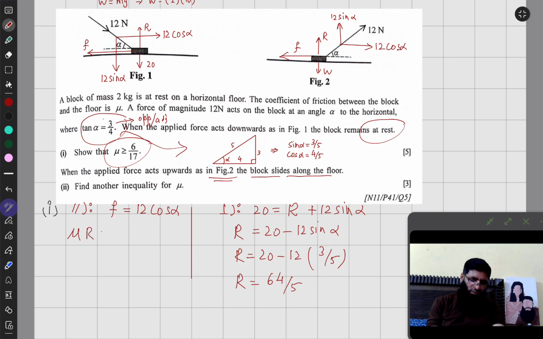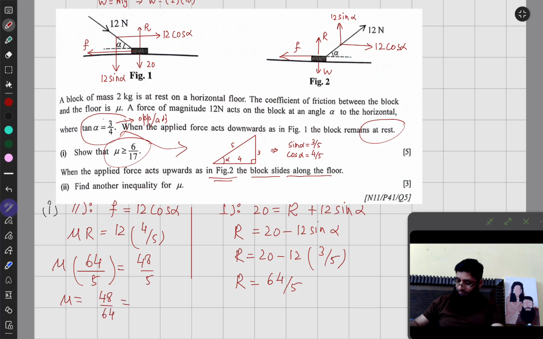So this equation will be mu R is equal to 12 times 4 by 5, and mu R is basically mu times 64 by 5. So you will have 48 over 5, and mu will be 48 by 64.